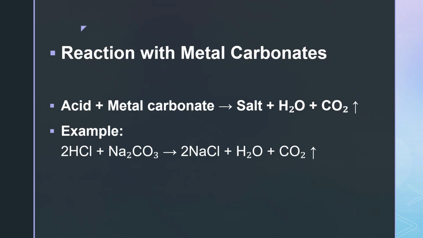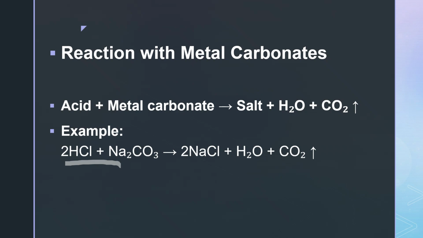Now next move towards the metal carbonates. Whenever you add the acid to any metal carbonate, meaning Na2CO3, K2CO3, CaCO3, like when metal is attached with carbonate group, then it is said to be metal carbonates.